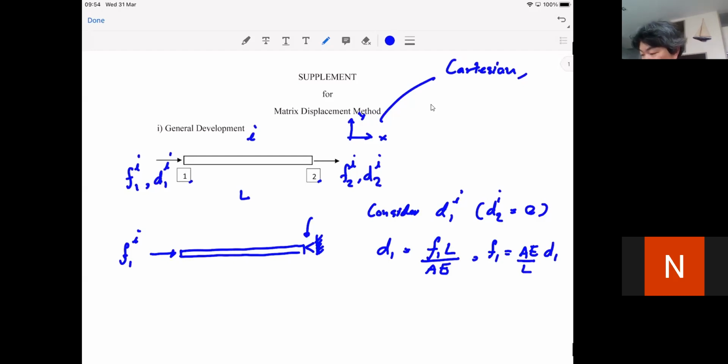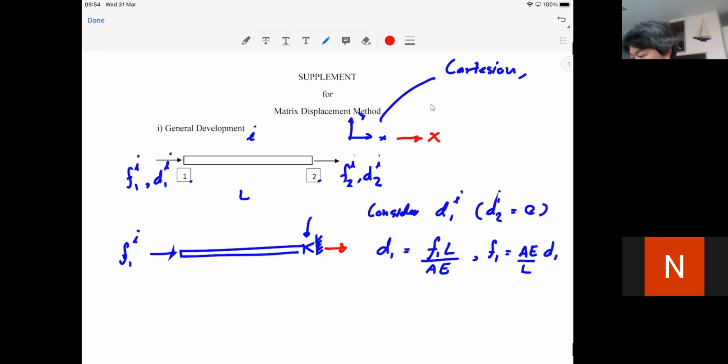And look at this free body diagram. Because we are going to use this Cartesian system, here is plus X. This F2, if I write it in the typical X direction, should go to the right. But you should know from the free body diagram that the actual direction should point in the opposite direction of F1.